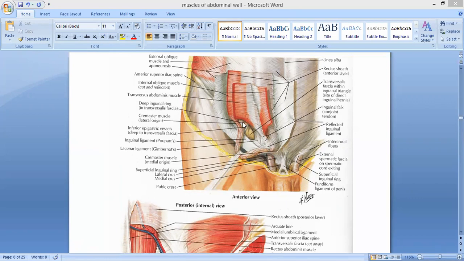What will its contents be? I have told you, in males it has the spermatic cord, and in the case of females the round ligament of the uterus. Other than these two structures, one nerve passes through here, and that is the ilioinguinal nerve. Any problem?